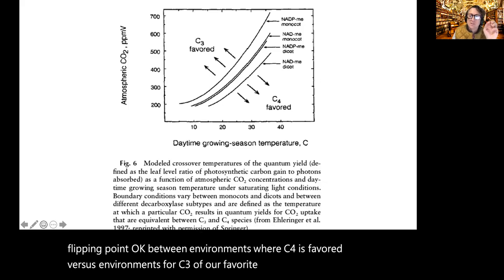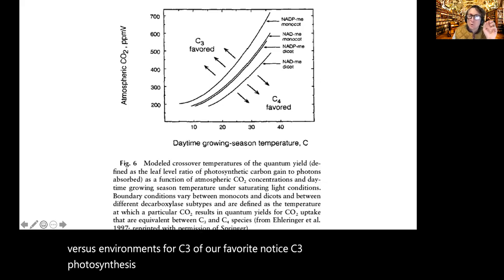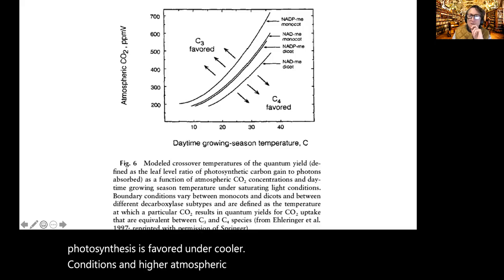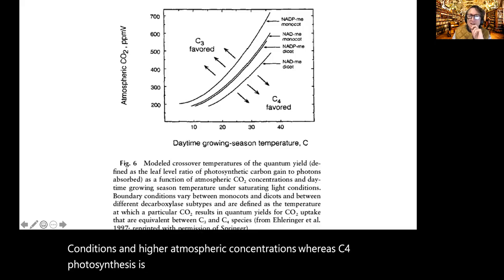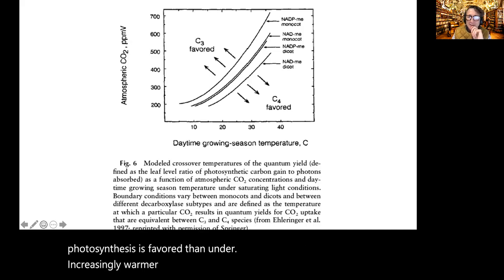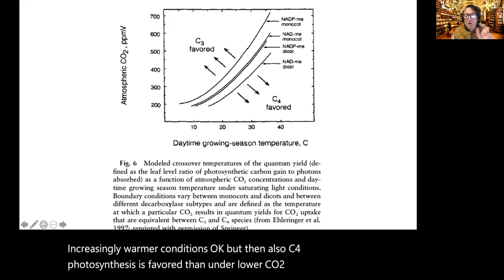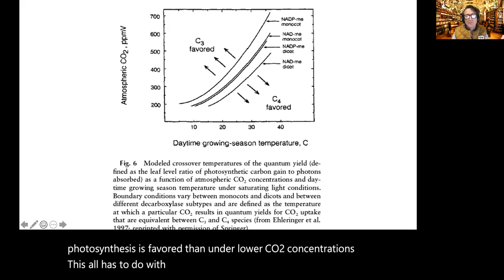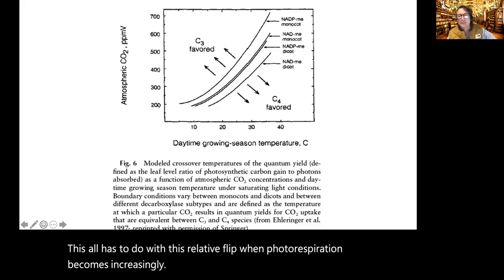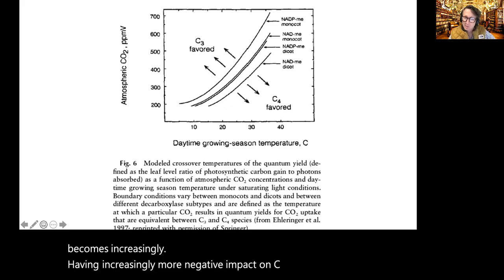Notice C3 photosynthesis is favored under cooler conditions and higher atmospheric concentrations, whereas C4 photosynthesis is favored under increasingly warmer conditions, okay? But also C4 photosynthesis is favored under lower CO2 concentrations. This all has to do with this relative flip when photorespiration becomes increasingly more negative in its impact on C3 photosynthesis. So that's pretty cool.